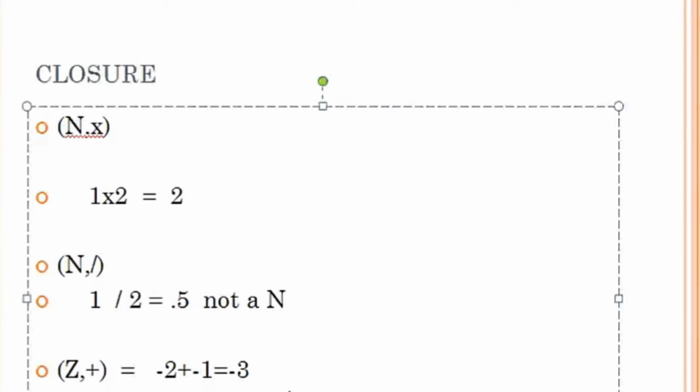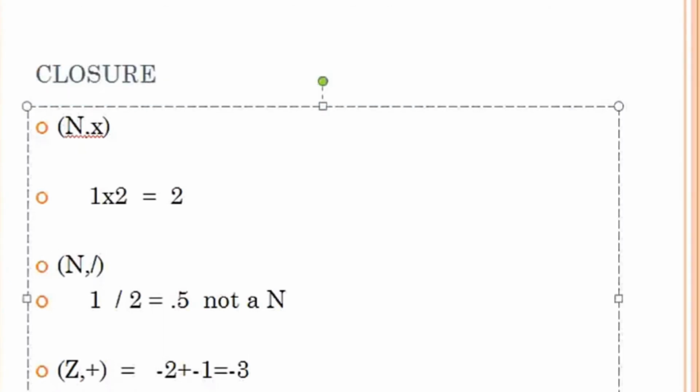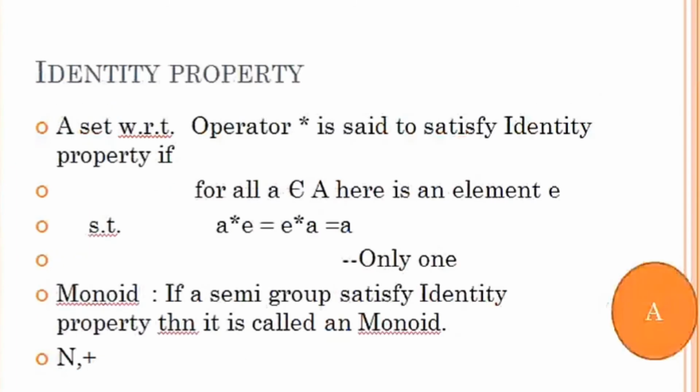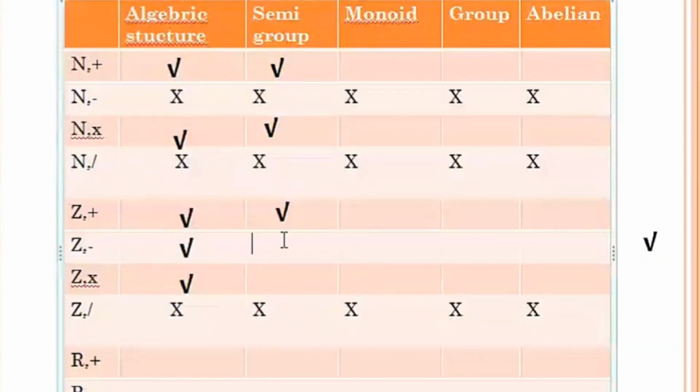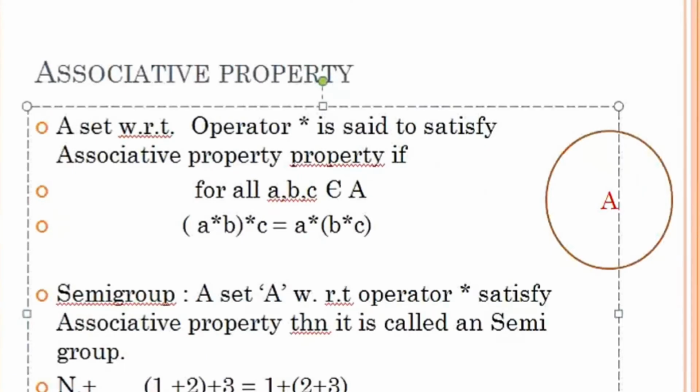So let's see whether integers with respect to subtraction form a closure. That means the result should be a part of the set. Yes, they are, as we guessed by default. Now talking about the associative property with subtraction.